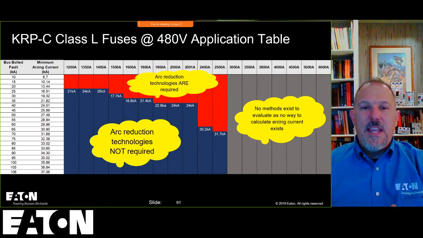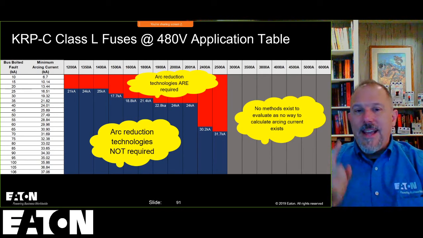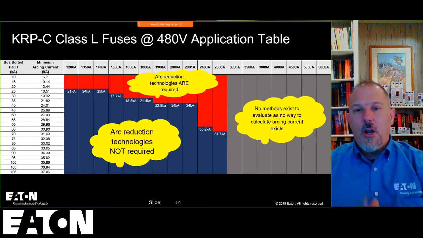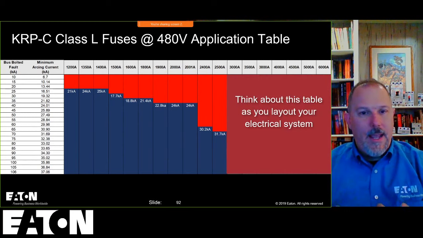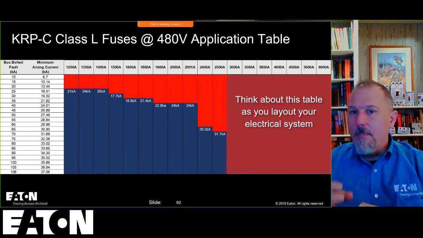That will be enough for the AHJ to understand that you meet the requirements of 240.67 and you don't need to apply an arc reduction technology. But when you get up to a 3,000 amp fuse on a 480 volt system, I need more than 106,000 amps to get into the arcing current region. So in that area, I don't have a way to show my arcing current is going to operate fast enough.